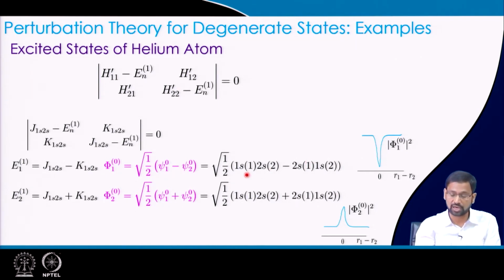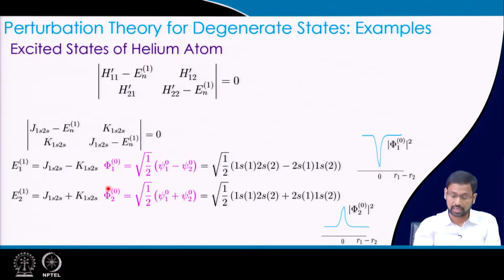That means electron 1 has gone to 2s, electron 2 has gone to 1s. So, psi 1 minus psi 2 gives me phi 1, the lower of the 2 eigenfunctions, and psi 1 plus psi 2 is the higher excited state.